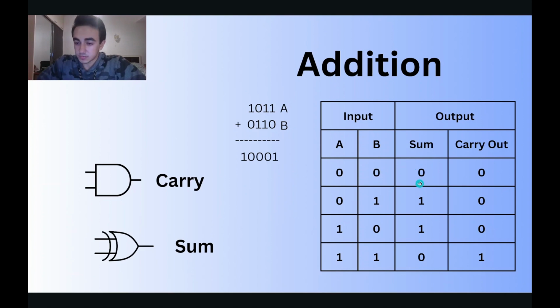The sum is 0. And we call carry the case when we have a sum that is bigger than 1, where we need to carry the value to the next operation. So see, here we have 1, 1. But after 1, we don't have digits in the binary numbering system. So here we write 0 and carry 1 to here.